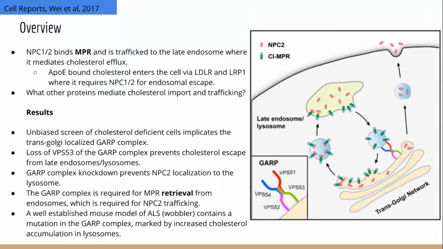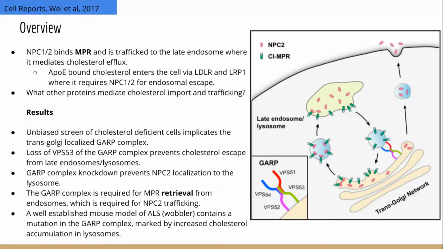For cholesterol to be successfully released into the cell, it requires both APO and NPC1 and 2 meeting each other inside the endosome. So think of the endosome as the meeting place for APO from the extracellular matrix that gets endocytosed and NPC1 or 2.